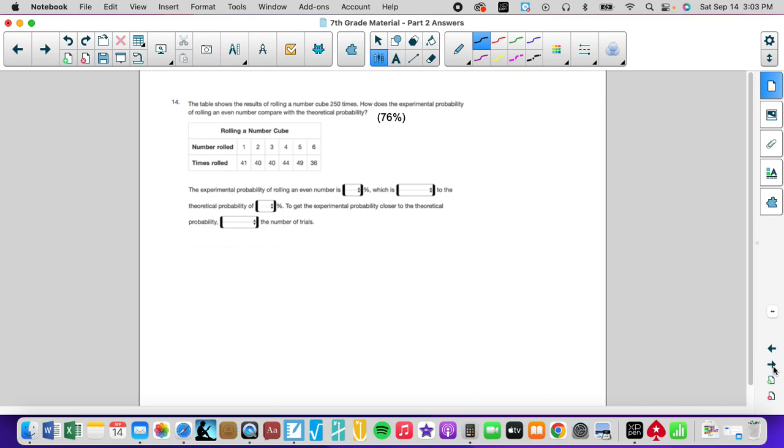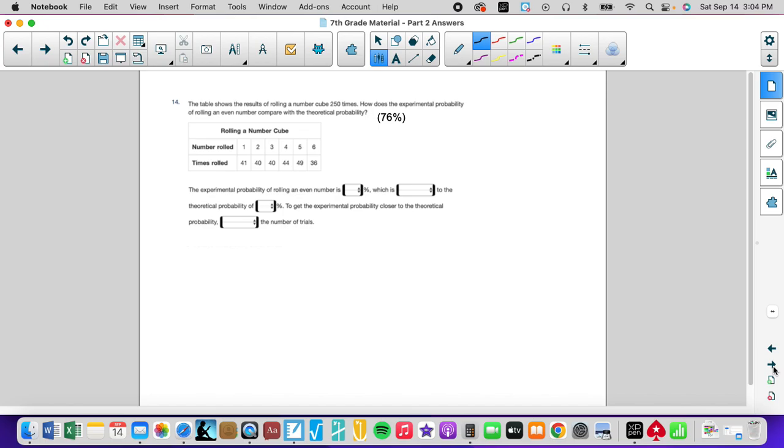The table shows the results of rolling a number cube 250 times. How does the experimental probability of rolling an even number compare with the theoretical? So this is good, and I like the fact that they are showing you the differences between experimental probability and theoretical probability. Those aren't always going to be exactly the same. Much like when we flip a coin, it's not heads, tails, heads, tails.